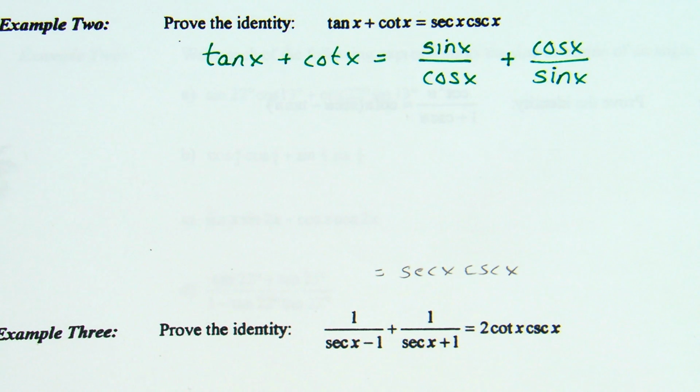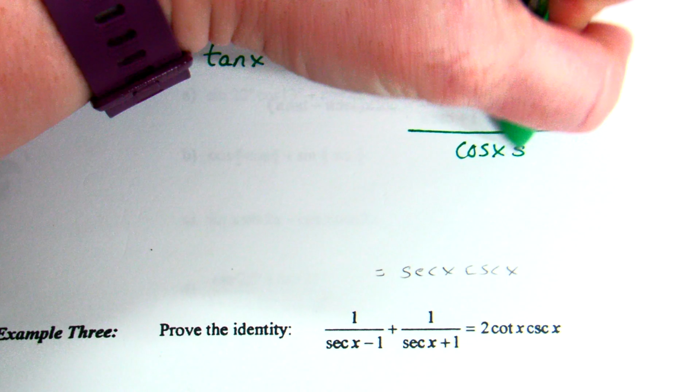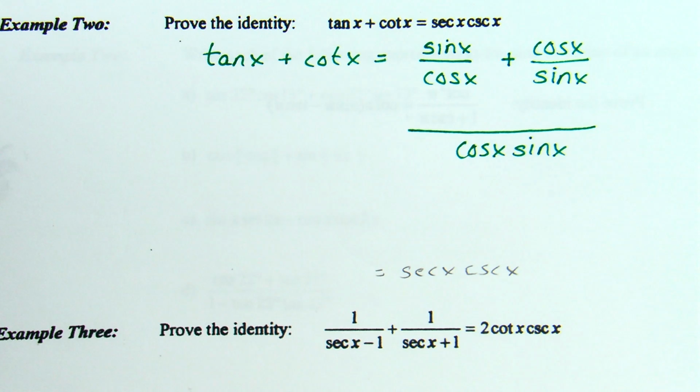Okay? If I'm getting a common denominator right now, what is my common denominator? Cosine x sine x, right? The two together. So, cosine x, sine x. Remember how I do this?